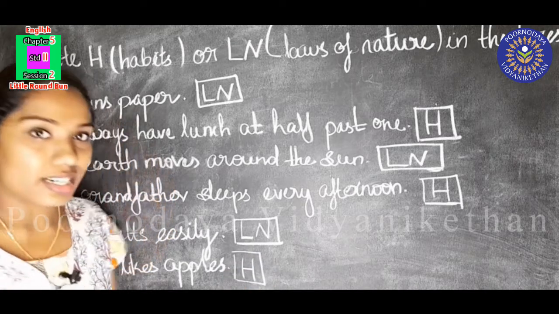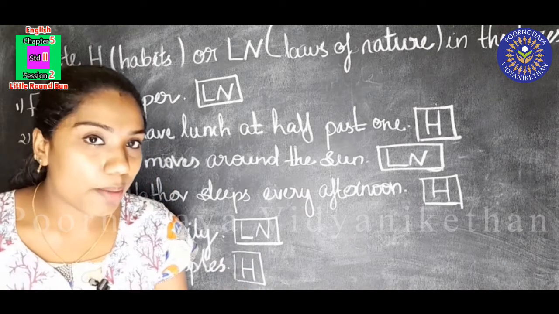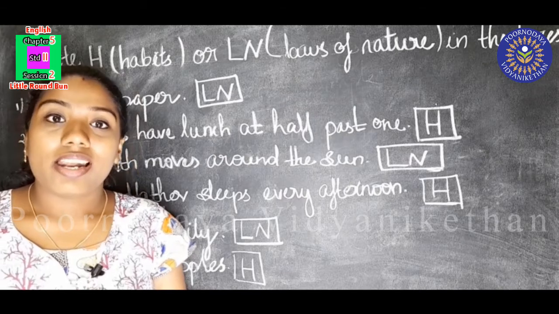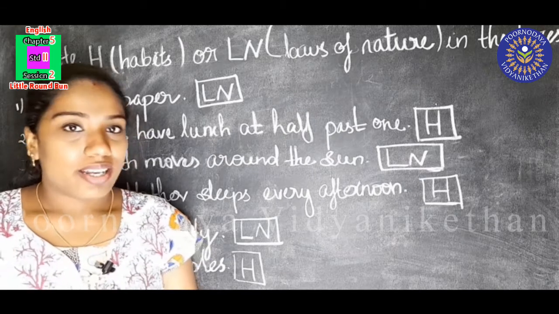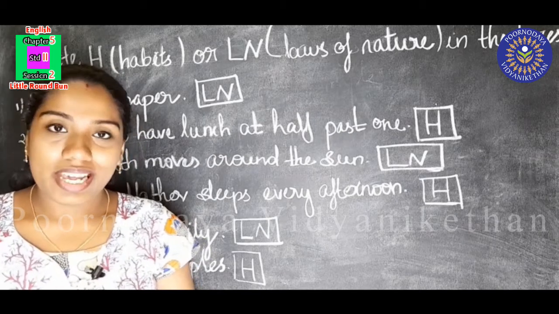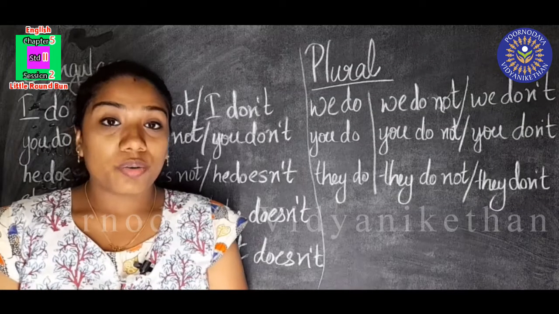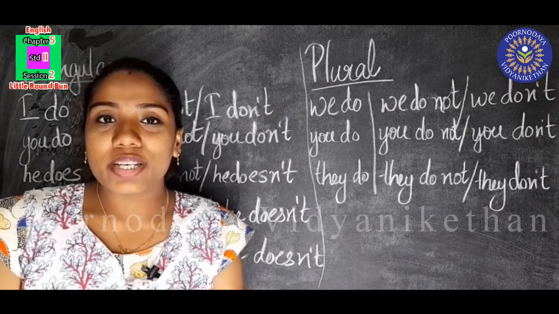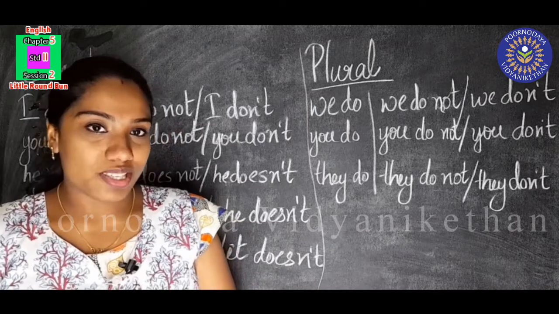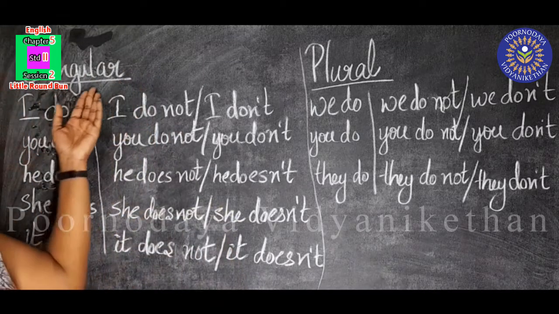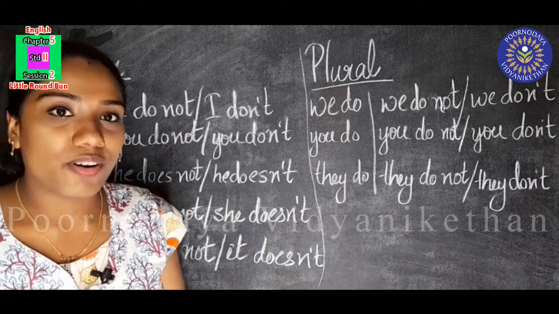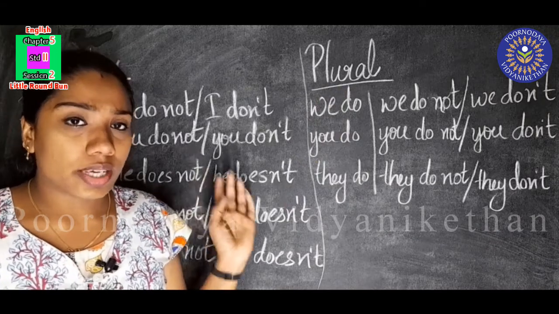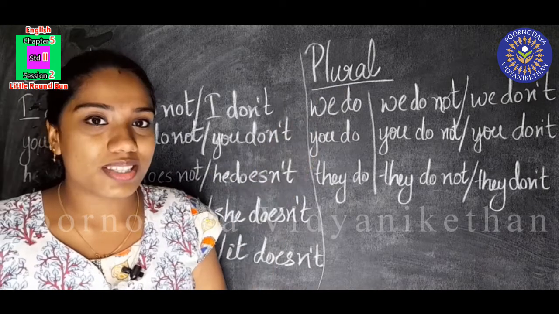Did you understand, children? So what are habits and what are laws of nature? We have learned it. Now we are going to learn singular and plural forms. Do you know what singular forms and plural forms are?